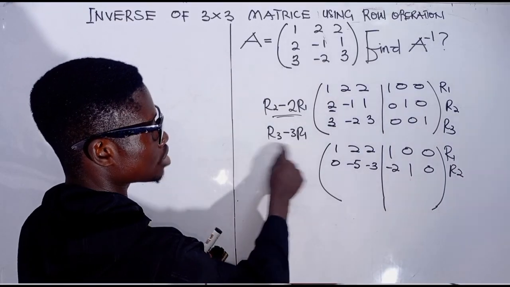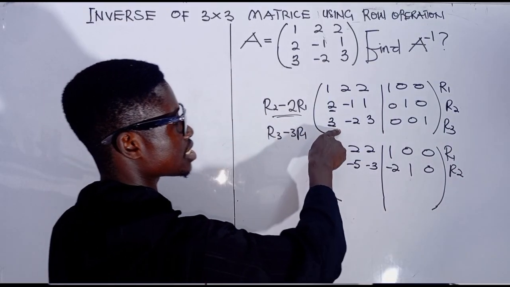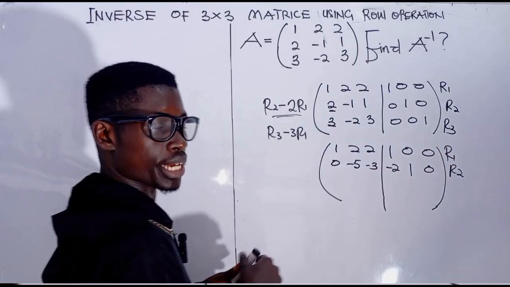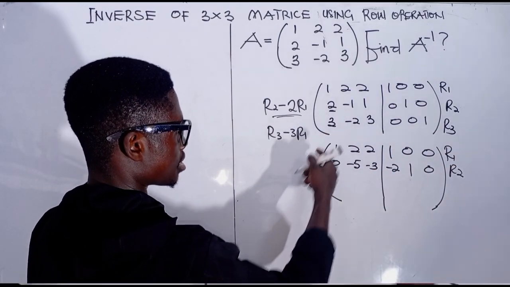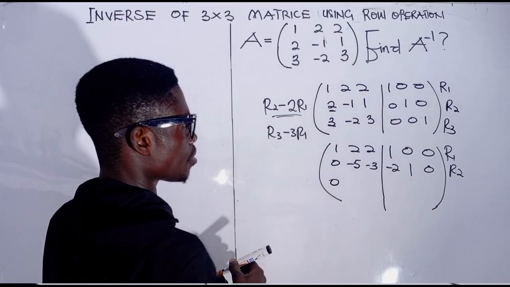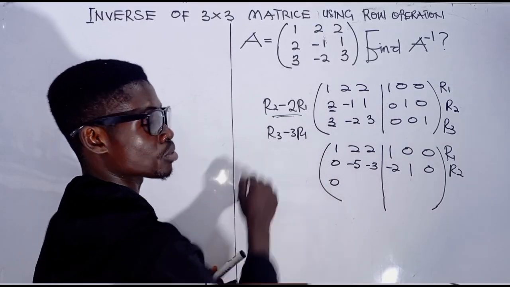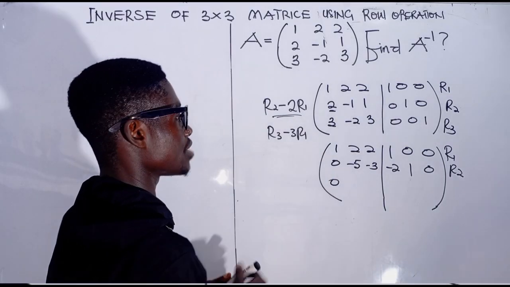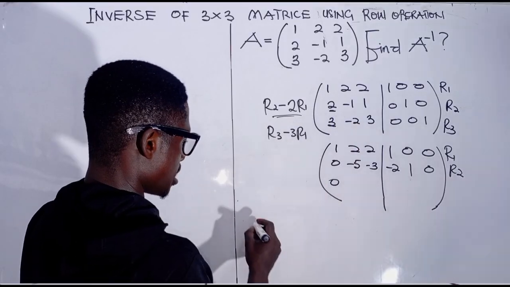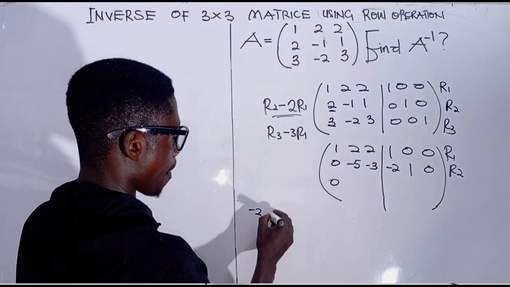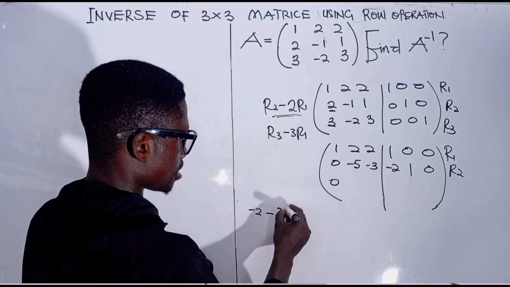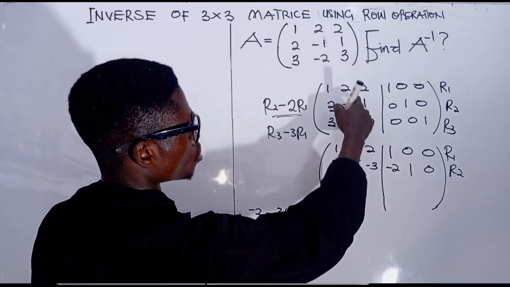We are going to apply this rule on each of the entries in row 3. This will give us 0, because it was the rule that we used to get 0. Then move on to the next entry, which is minus 2 minus 3 times row 1, which is 2.